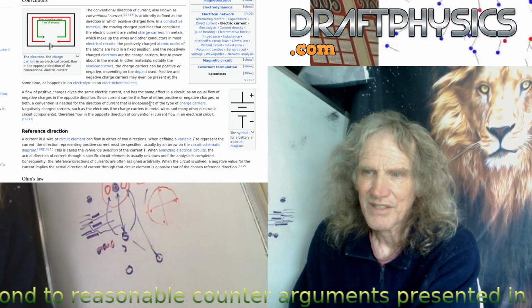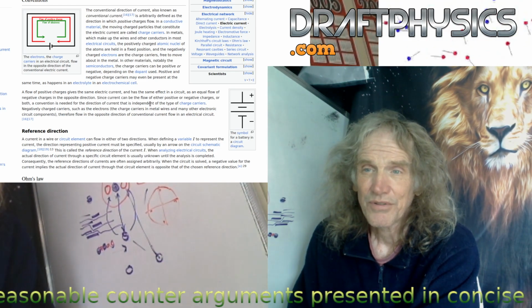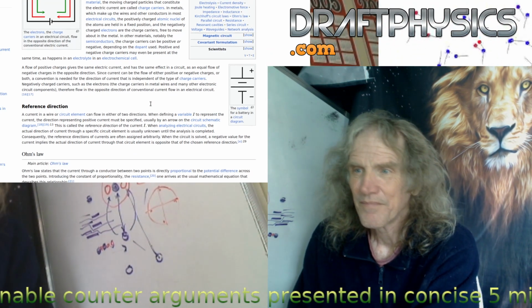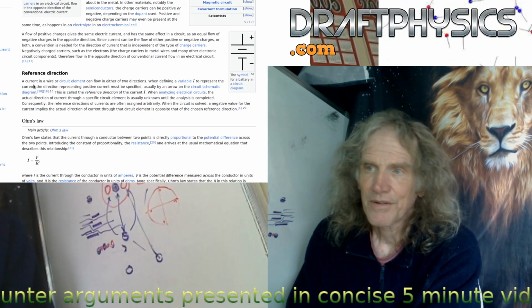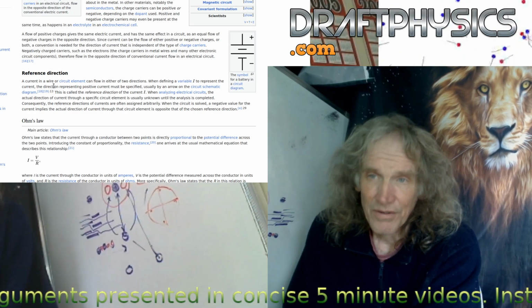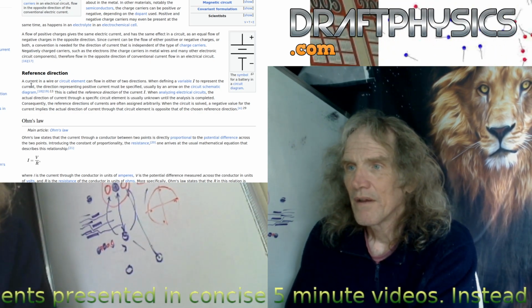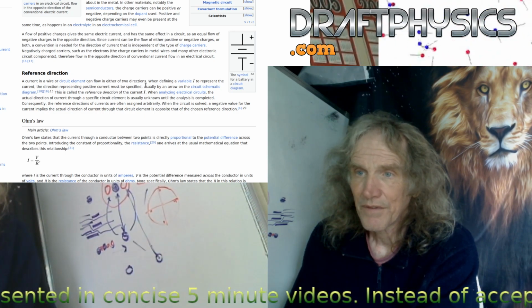Voltage you could associate with velocity, and amperage you could associate with volume. It's how much water and how much pressure it's under. The water analogy is a very good analogy. A current in a wire or circuit element can flow in either of two directions.